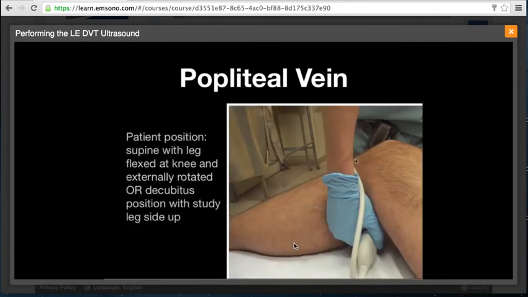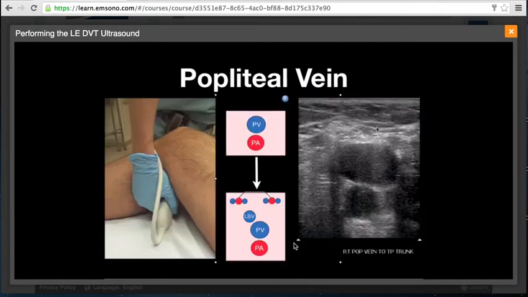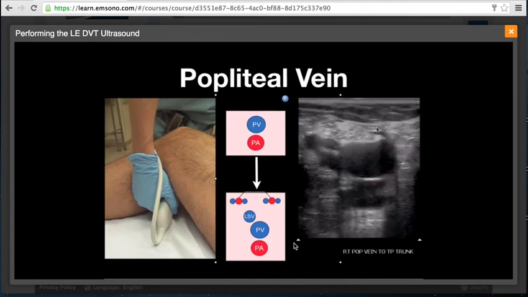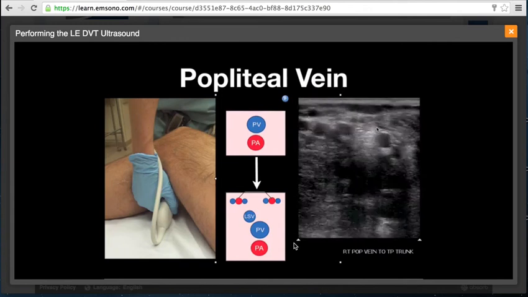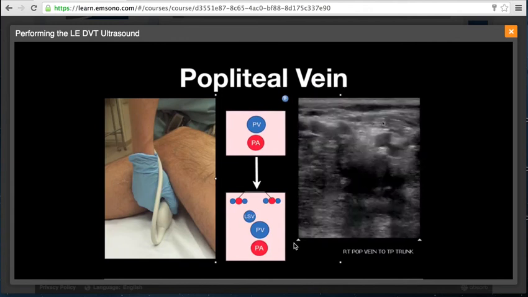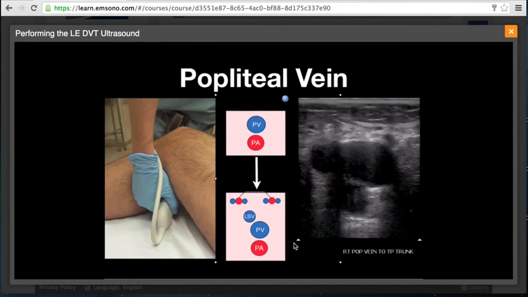Here you can see with the patient supine, you've got the leg flexed at the knee and externally rotated, and we're scanning behind the leg here in order to obtain visualization of the popliteal vein. And here you can see we're following the vessel distally towards where it ultimately divides, and this is where the exam is going to end.